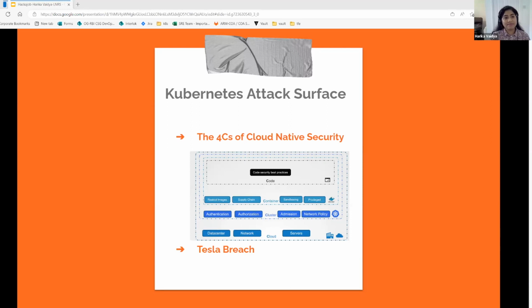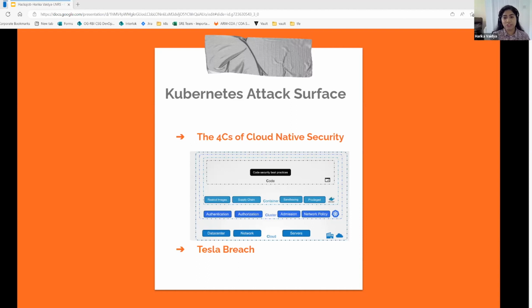And yeah, let's talk about a recent security incident, a famous one called the Tesla breach. It actually happened in August 2021. It was reported that a group of hackers had exploited a Kubernetes instance by gaining access over the Kubernetes console. This was a Kubernetes dashboard which was not password protected.